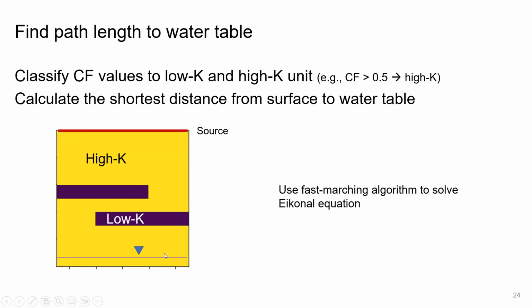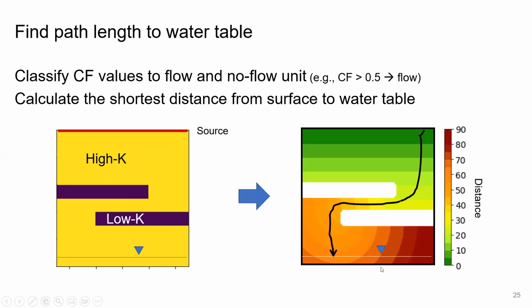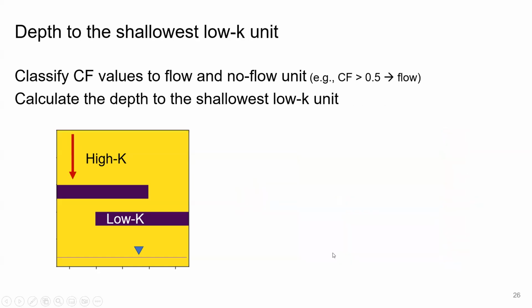And that's what we're doing. And for the second one, that's kind of how it looks. So if you do a fast marching, that's the distance from the surface. So you can calculate the shortest distance from this point to a water table. So that's the basic idea. And the second one is more simple. It's just basically calculating the shallowest depth to the low K unit.